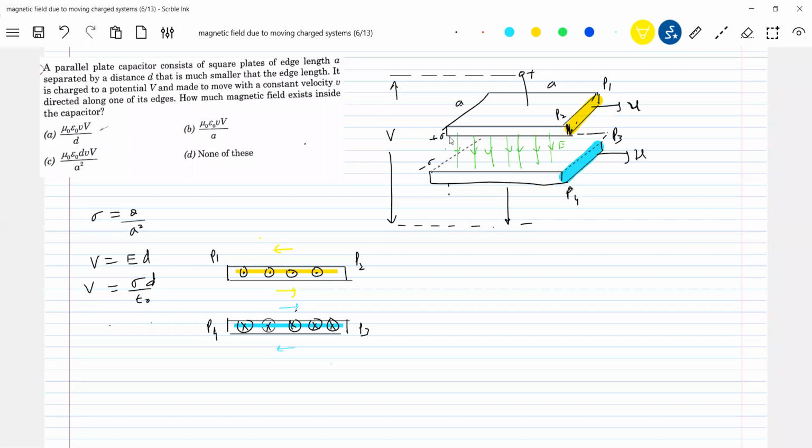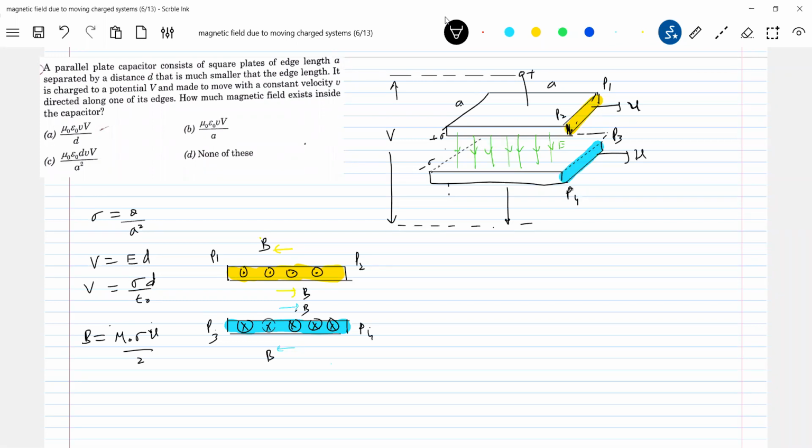The magnitude of magnetic field strength should be the same. What is that B directly? No need to go back again. Directly due to a moving charged plate, B is equal to mu naught sigma u by 2.